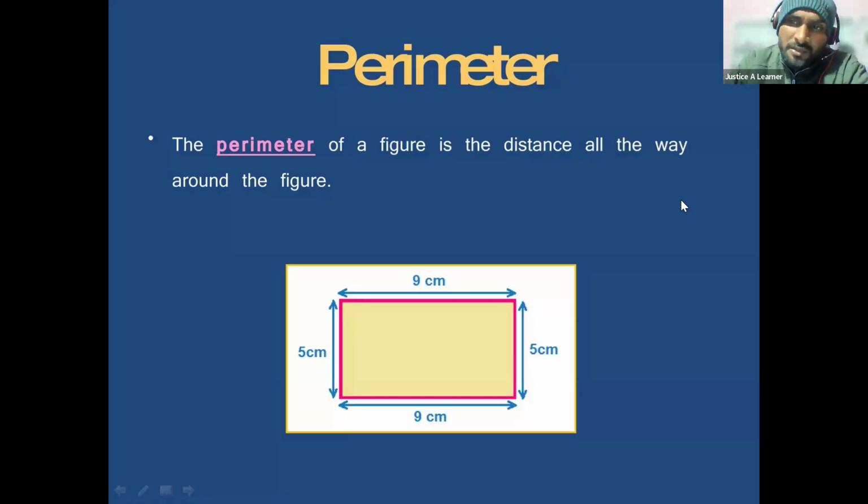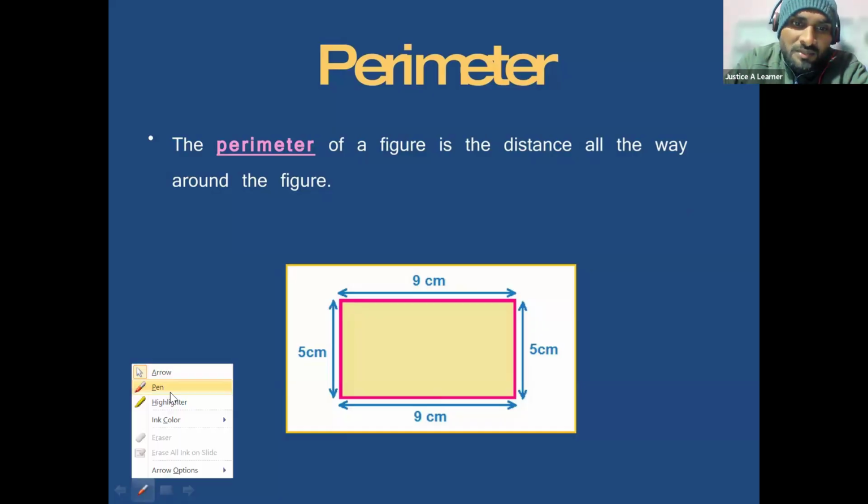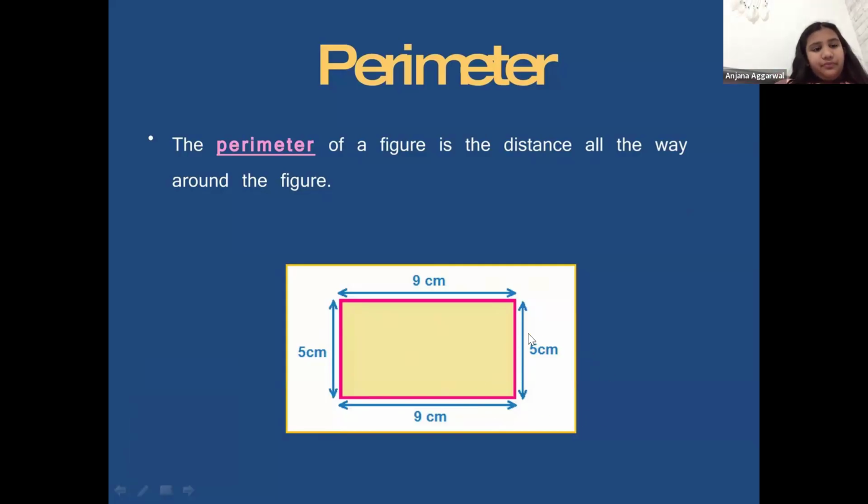In other words, it is the total length of the boundary, the outside part, the external line that is marked with the pink border. Have you noted this definition?